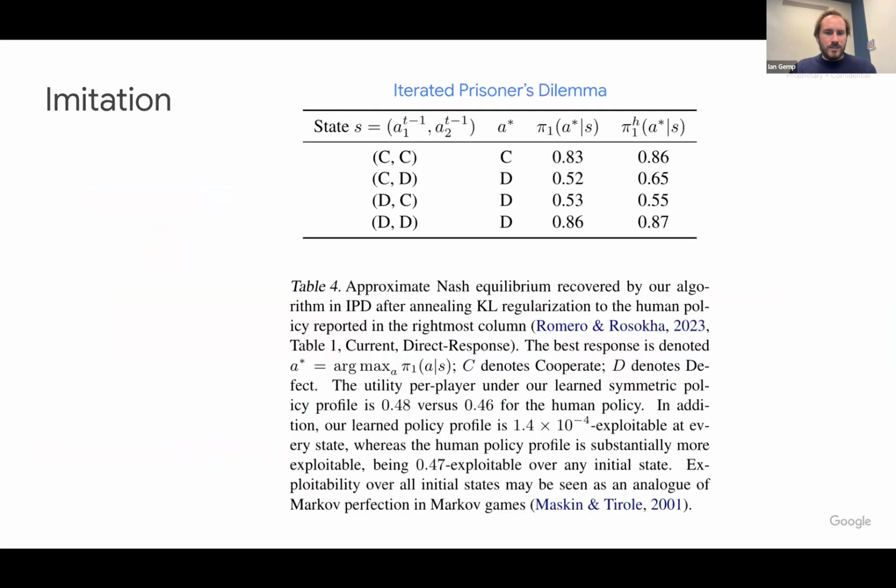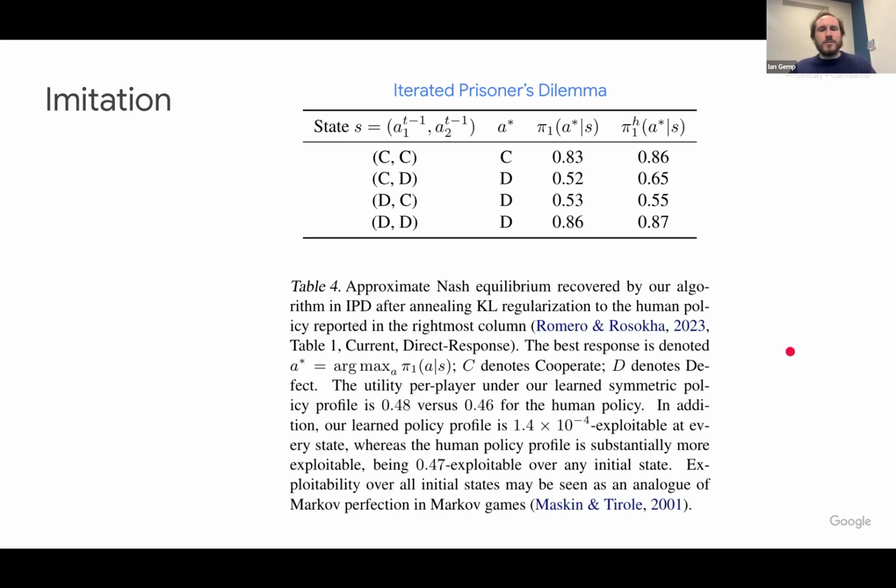There's one more experiment. In this one, our utility function was the original reward in the environment, but they were also penalized for their KL divergence from some human policy that we took from a different study, the Romero and Rosokha paper.